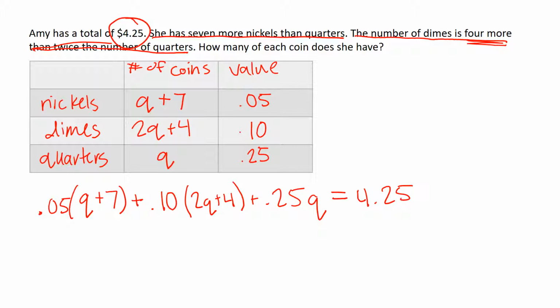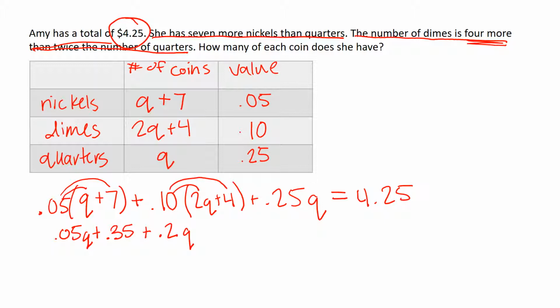Now we get to simplify. So 0.05 times Q, that's just 0.05Q, plus distribute that over to the 7 as well. 5 times 7 is 35, so this will just be 0.35. And that's going to be 0.2Q, and we distribute it there.